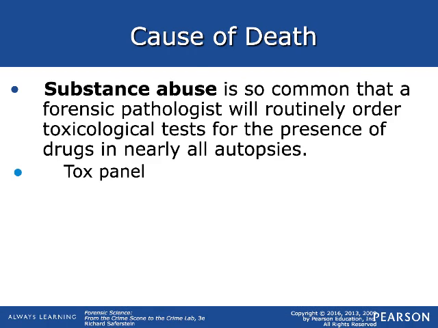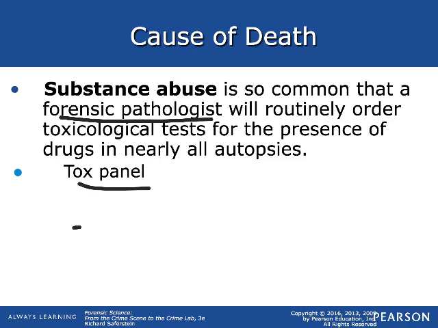Substance abuse. Substance abuse is interesting. It's really common, right? If someone shows up and they look like they're a substance abuser, the forensic pathologist is going to order a tox panel or toxicology screen to see what drugs are present and what aren't present.